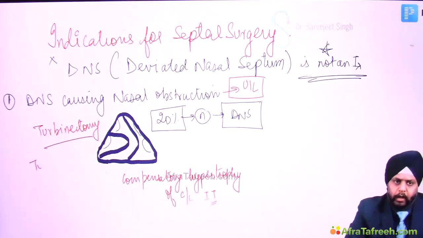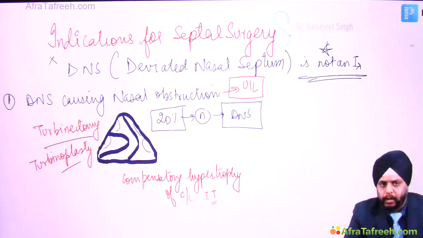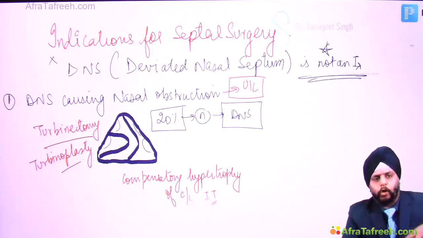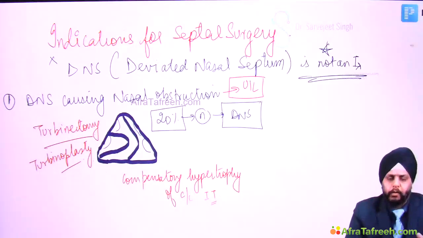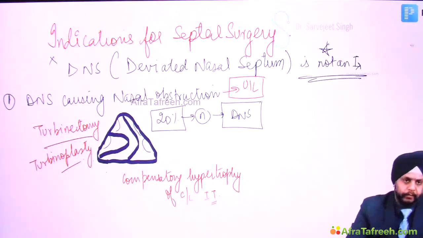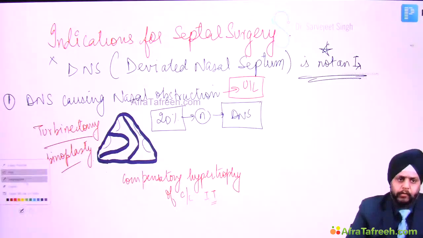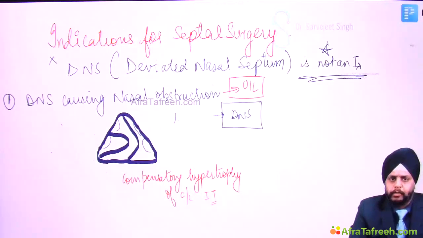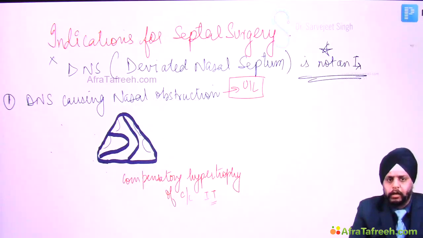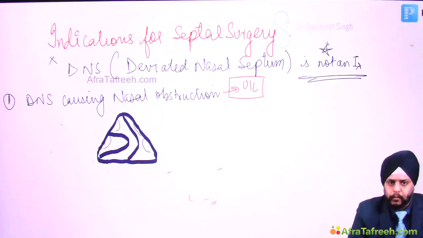Or we can do turbinoplasty, in which you reduce the size of the turbinate. So we will need to do septal surgery along with turbinectomy or turbinoplasty and give a good patent nasal airway. So that was the first indication for septal surgery that we discussed: DNS causing nasal obstruction.